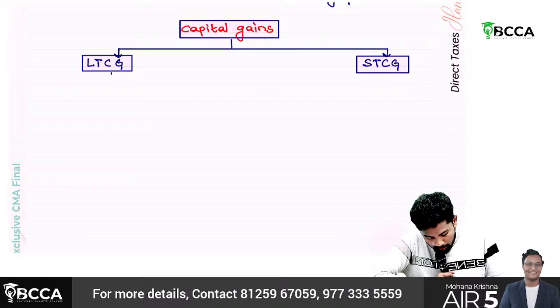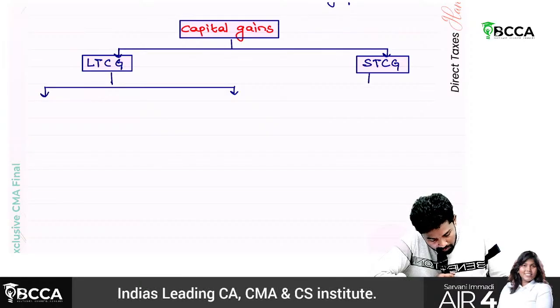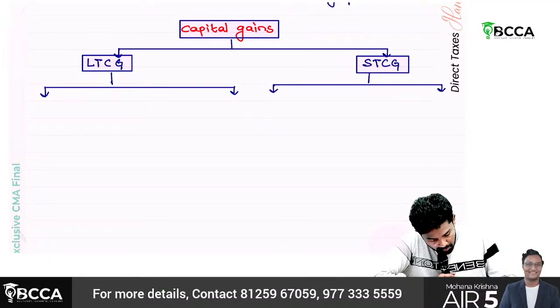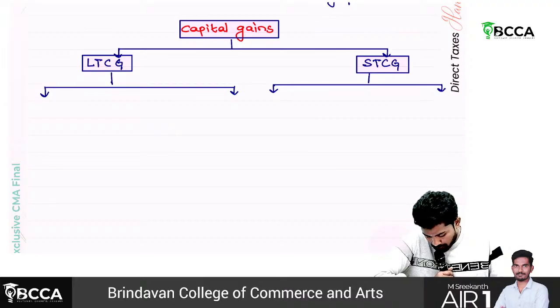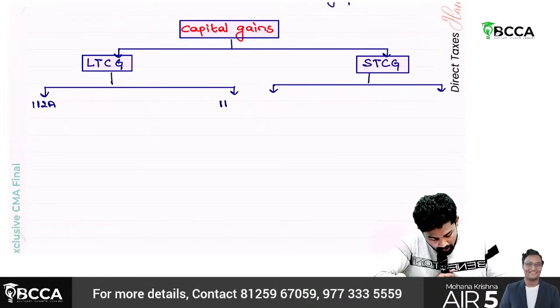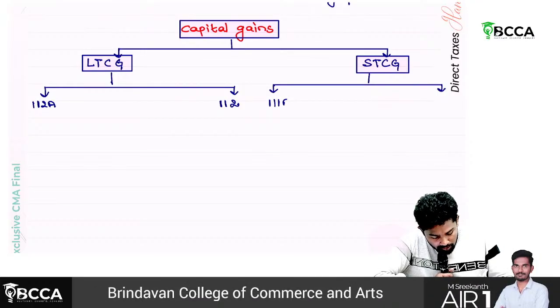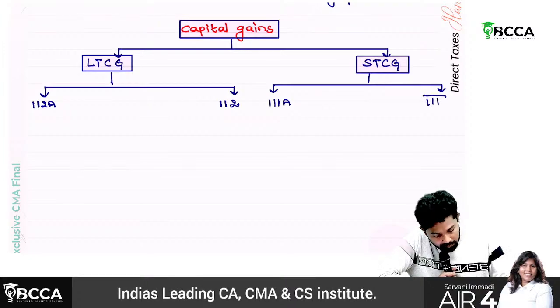Under long term also there are two categories. Under short term also there will be two categories. Under long term, one is covered by section 112A and the other by section 112. Under short term also there are two sections, 111A and 111.